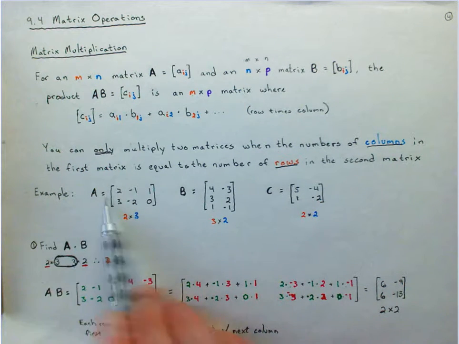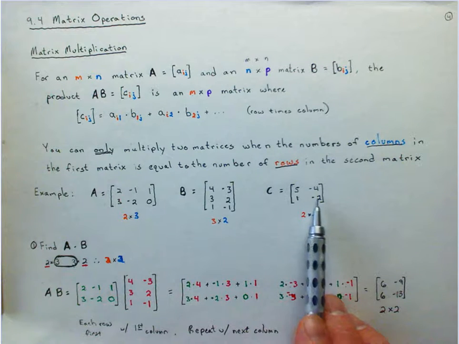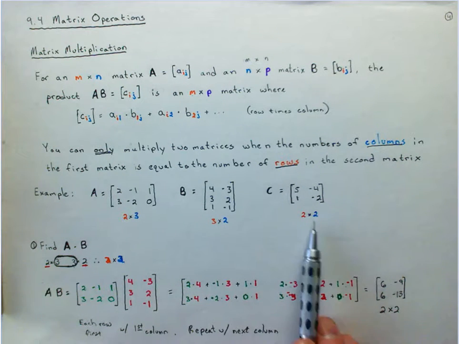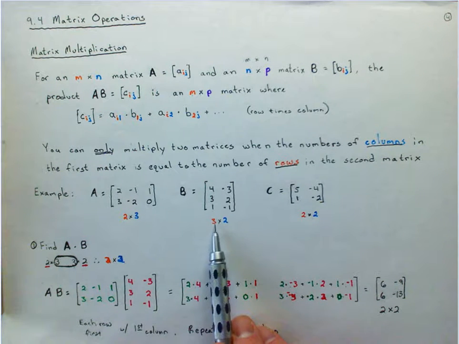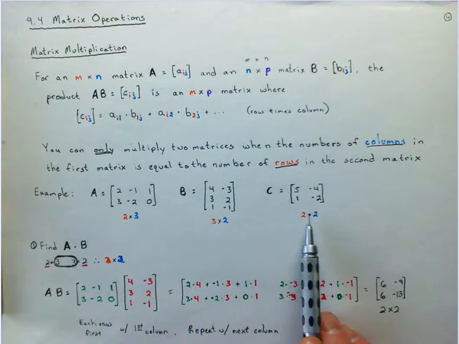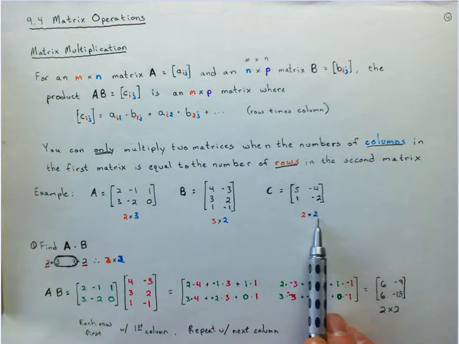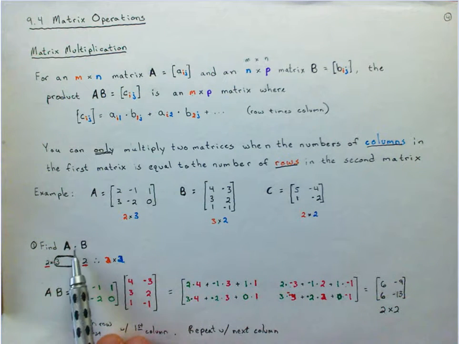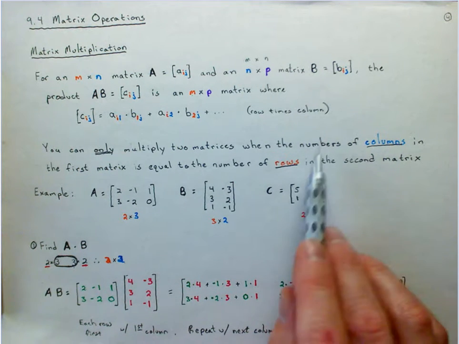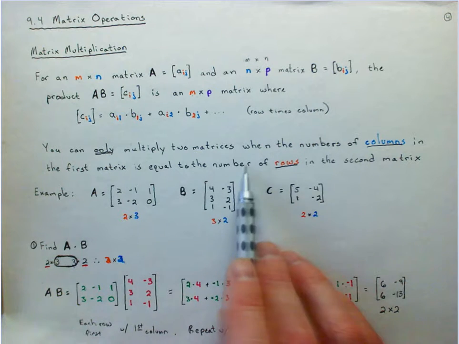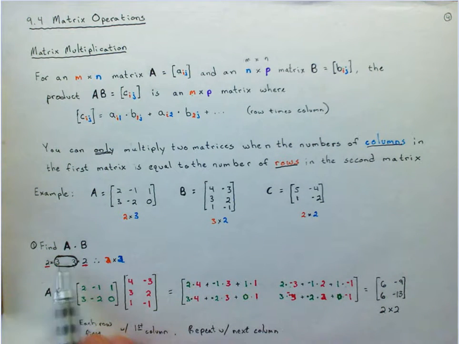In my example, I have three different matrices. The order of those matrices: 2 rows, 3 columns; 3 rows, 2 columns; 2 rows, 2 columns. I want to find the product of A times B. The first thing I do is write out the order of A and the order of B, and then I compare the number of columns to the number of rows. Are they equivalent?